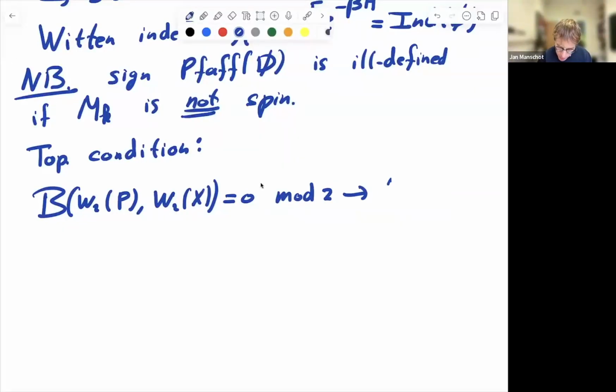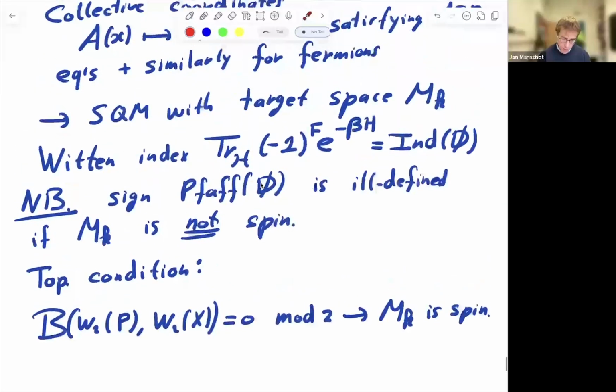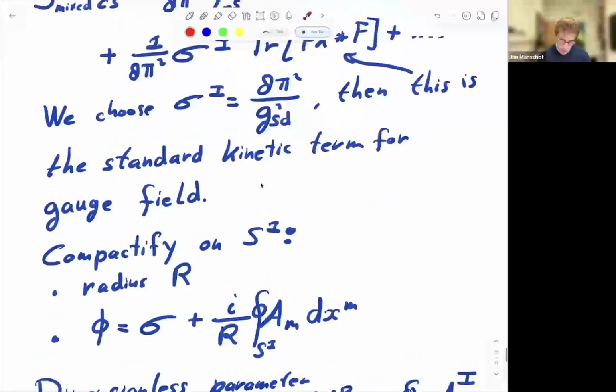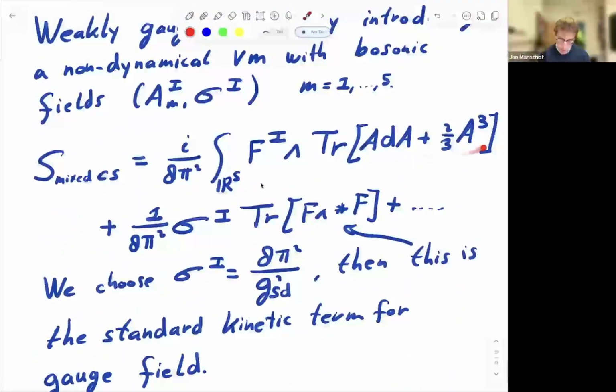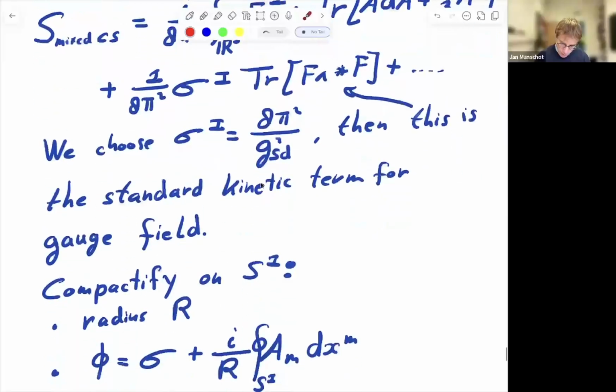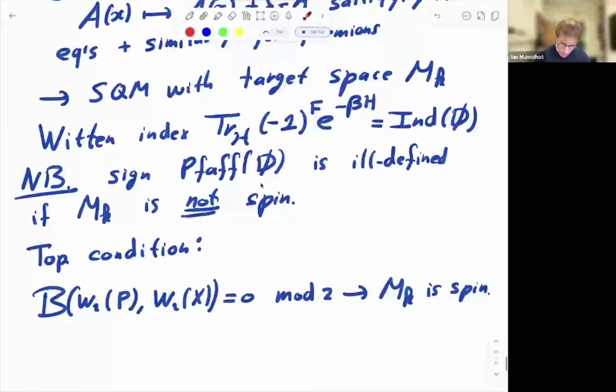If this is satisfied, then M_K is spin. If this is not satisfied, then M_K is not spin. You could also see it from the perspective of the 5D Lagrangian, where the mixed Chern-Simons term is not well defined under gauge transformations if this condition is not satisfied.